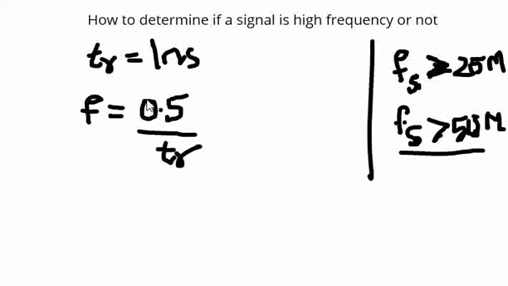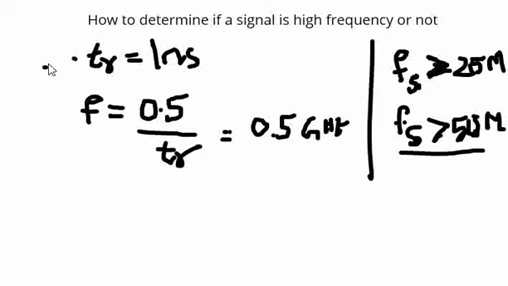So rise time is 1 nanosecond, that means your frequency is 0.5 gigahertz, right? Which is 500 megahertz, huge. So you need to consider the high frequency principles for this.